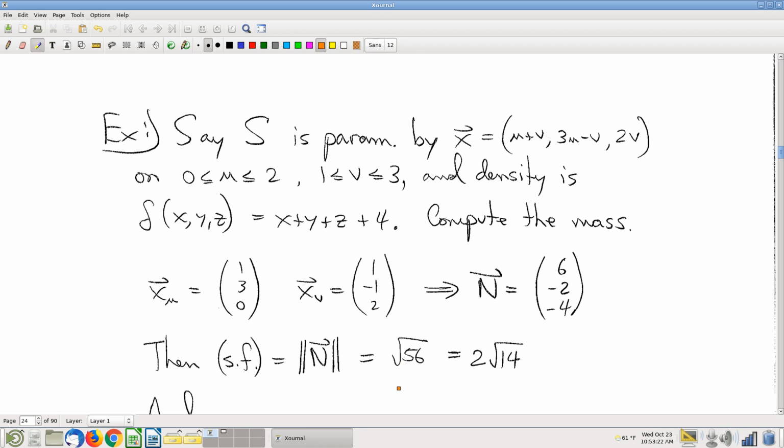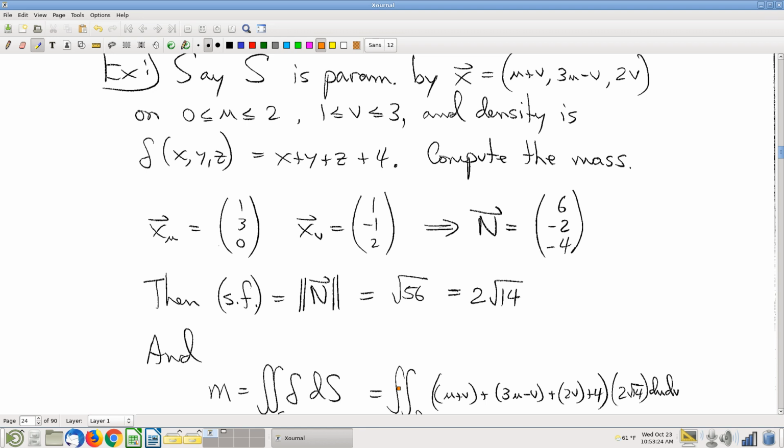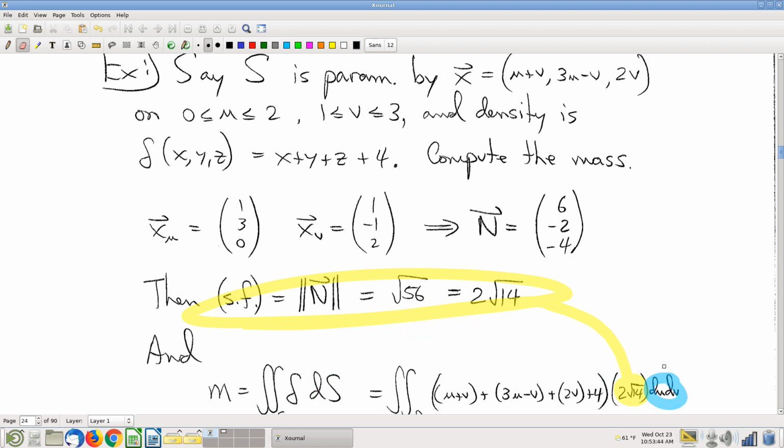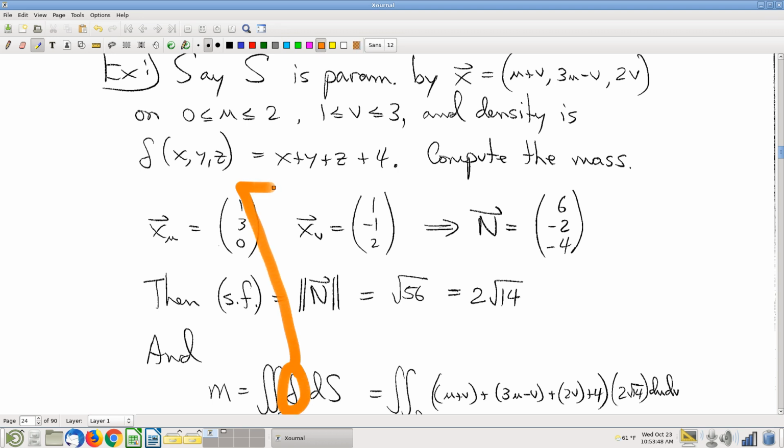And now that you've got your stretching factor, it's really all over but the shouting. Notice that our dS, per the whole strategy on the previous page, is stretching factor times du dv. There's our stretching factor strategy. Now we've got to worry about the integrand. So our density was given.